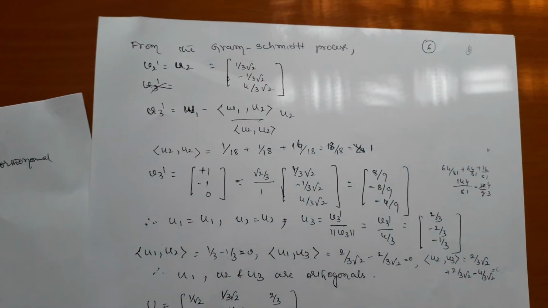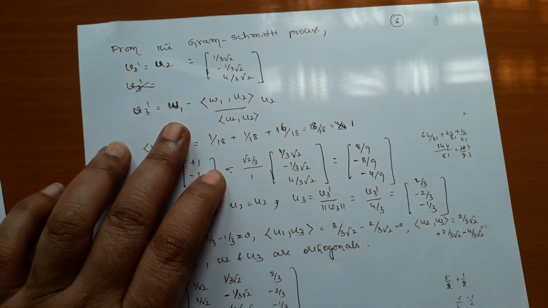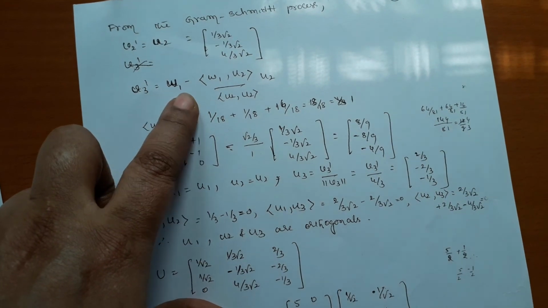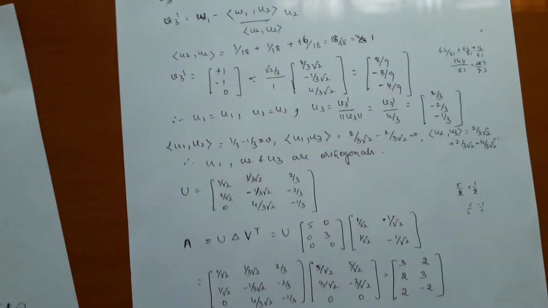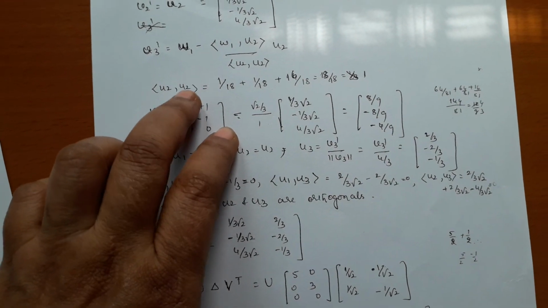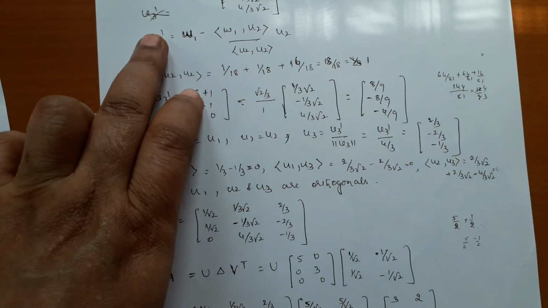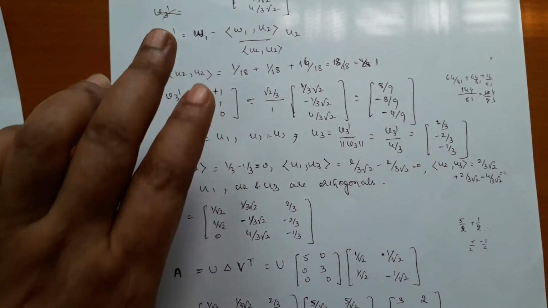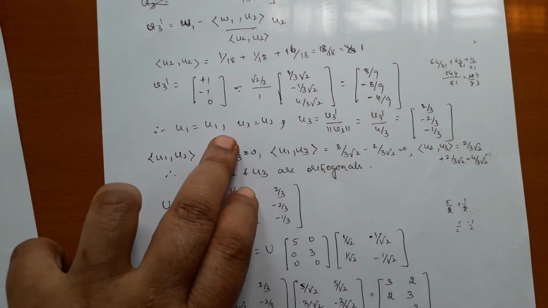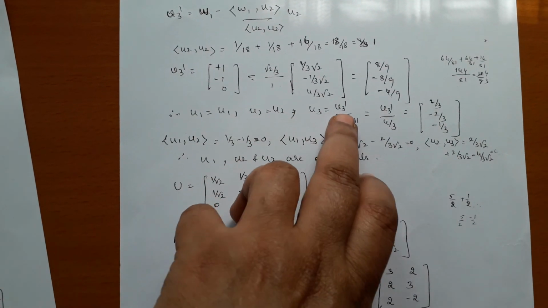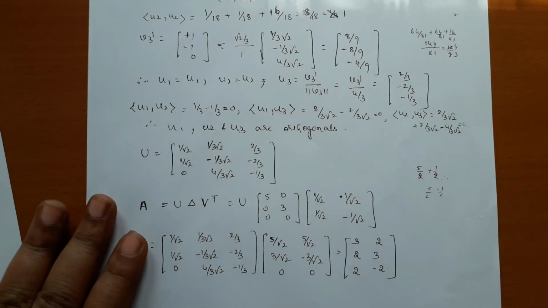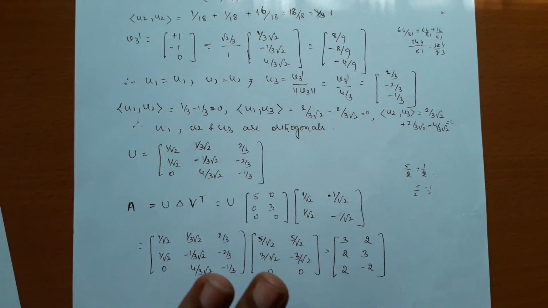V2 prime is U2, and V3 prime is W1. From the Gram-Schmidt process, you find V3 prime. You normalize V3 prime because it is still not normalized. Therefore, U1 is U1, U2 is U2, but U3 is the normalized V3 prime. Then substitute, and we get U times delta times V transpose.